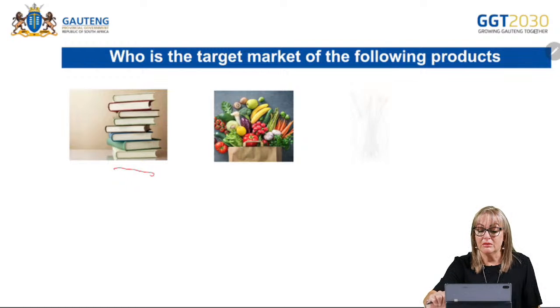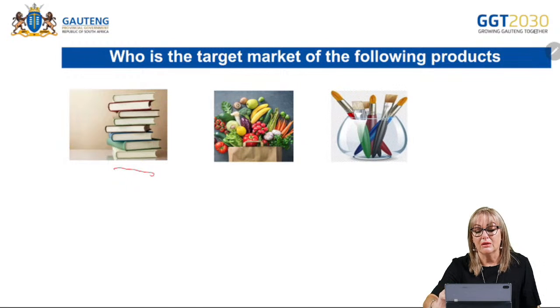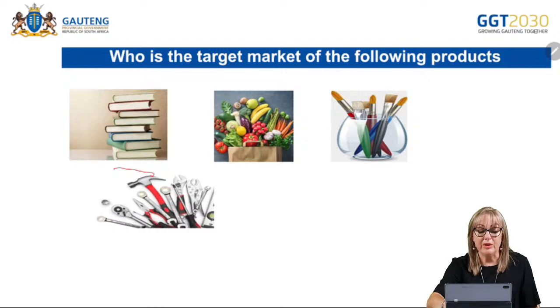Here's another one. There's a glass pot with brushes. Now that one could appeal either to a painter or to a makeup artist, because makeup artists also make use of such brushes. Here we have tools. So who uses tools?